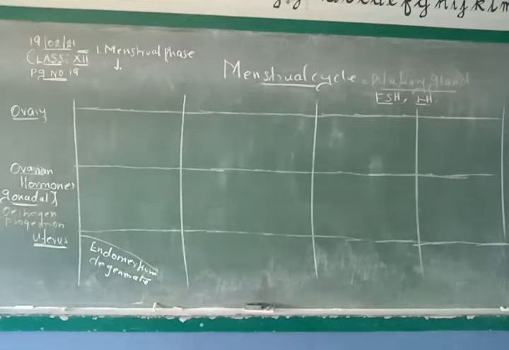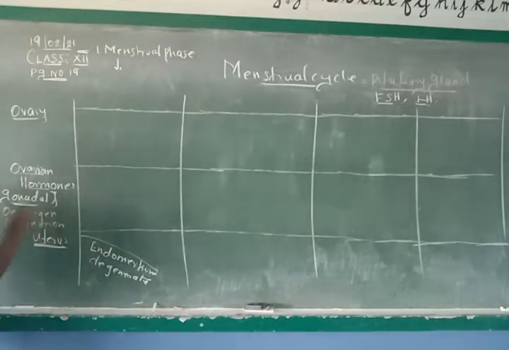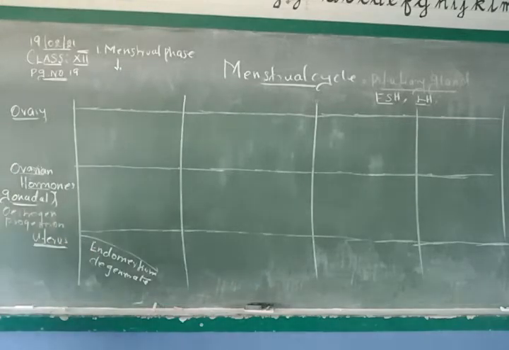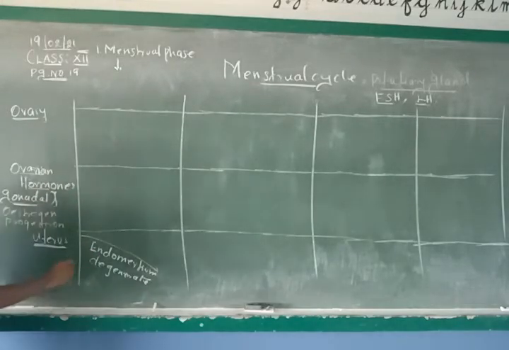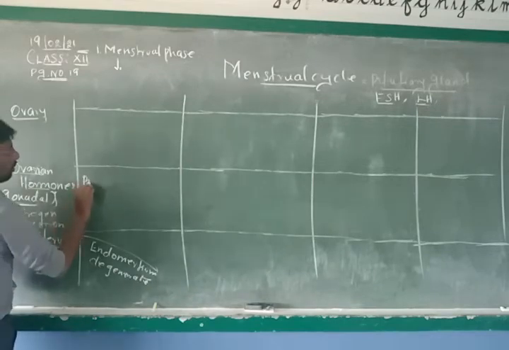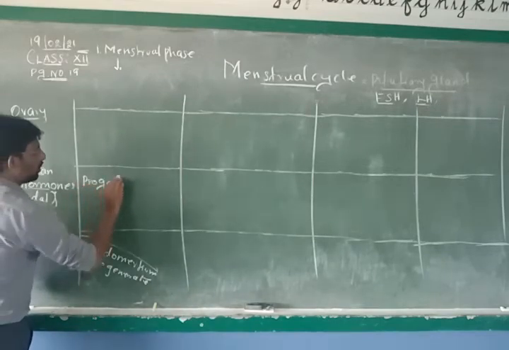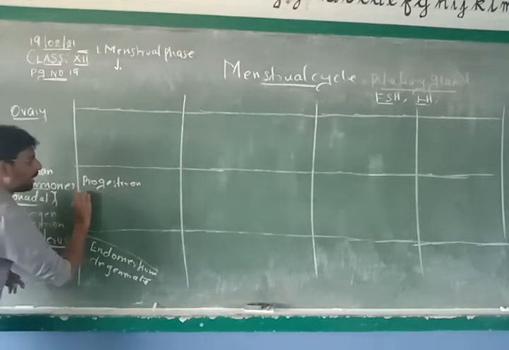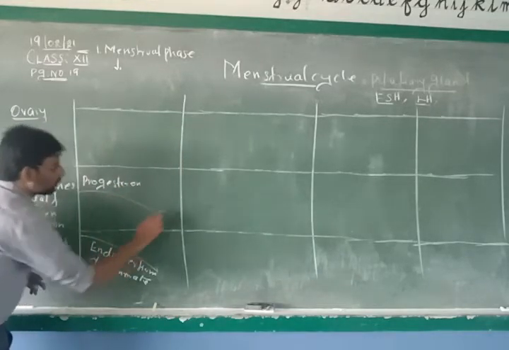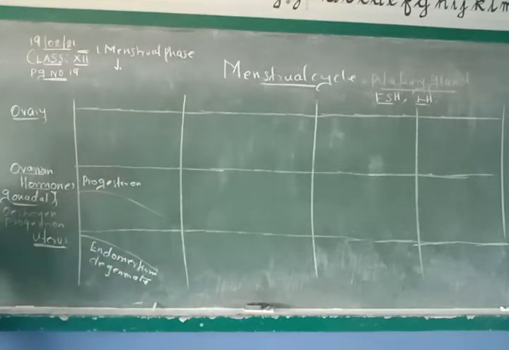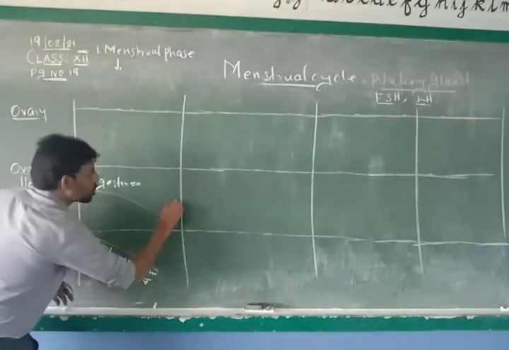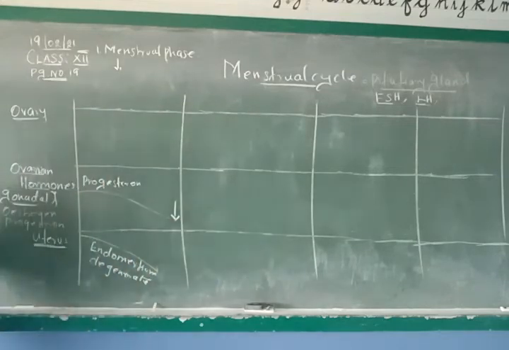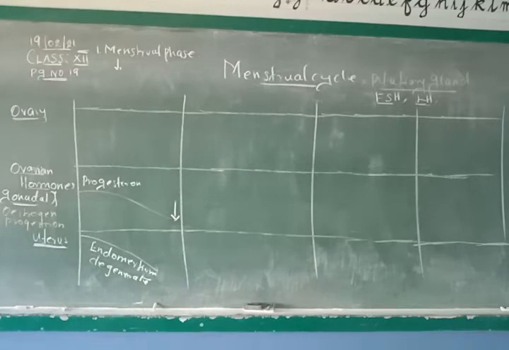Okay. Now, what is happening to the ovarian hormone? Whenever the endometrium is degenerated, the hormone called progesterone undergoes a decrease. This color indicates progesterone, which goes low. So during the menstrual cycle, which ovarian hormone decreases? Progesterone.